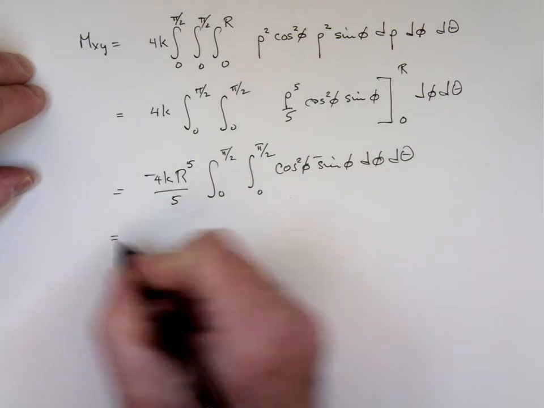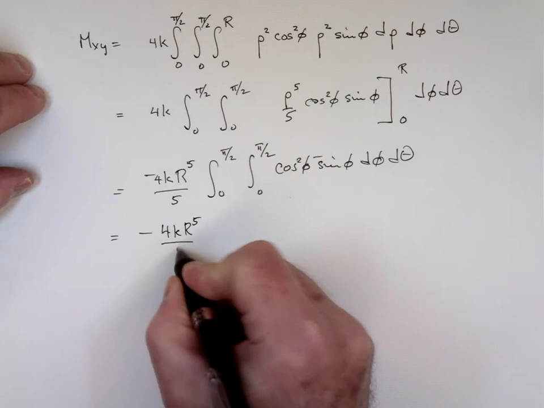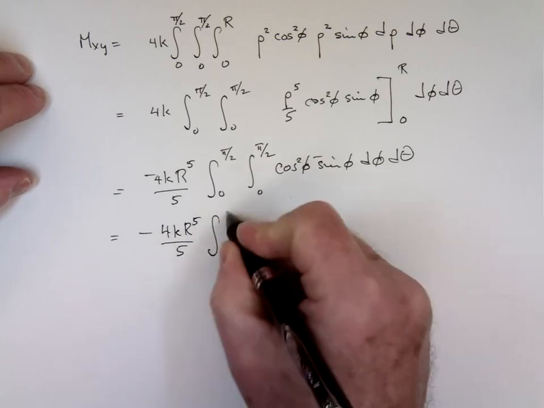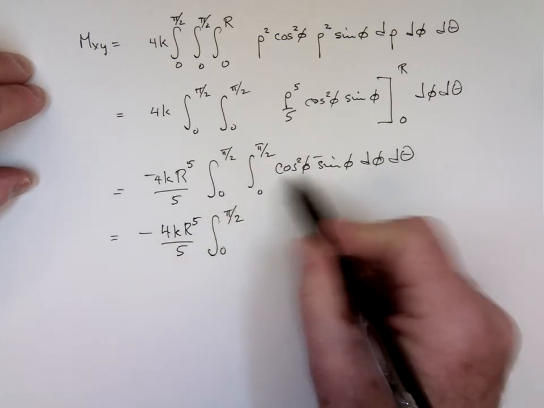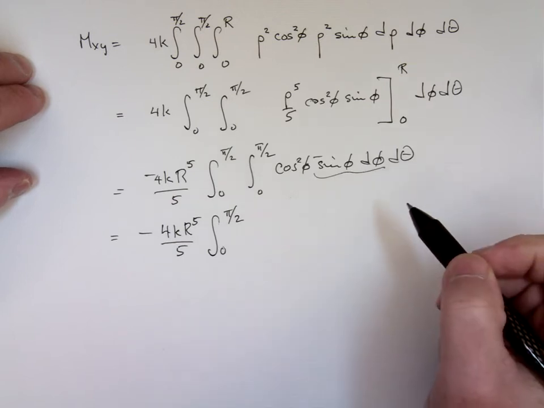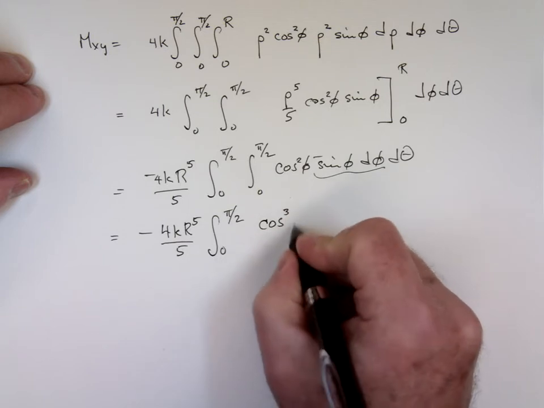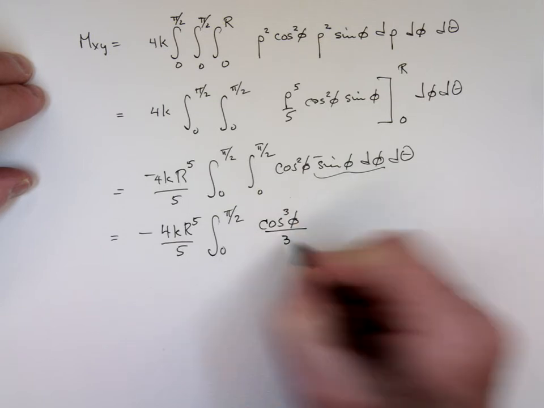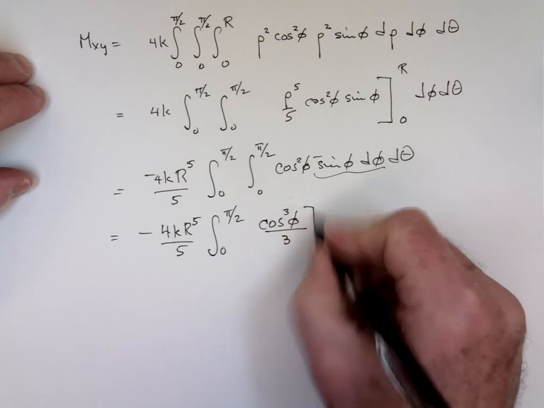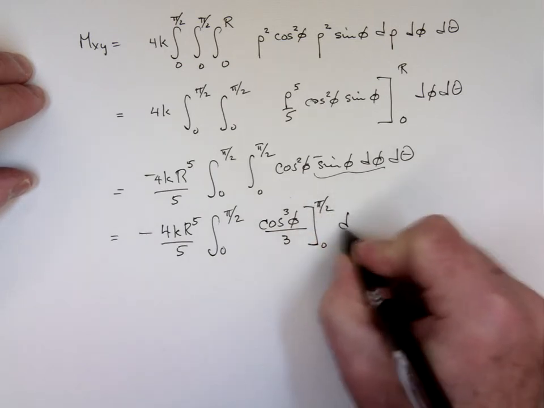So we got negative 4k R to the 5th over 5, from 0 to pi over 2. Our u now is cosine, and du is negative sine phi d phi. So it ends up to be cosine cubed phi over 3. We need a negative there, because this will be negative 1/3.